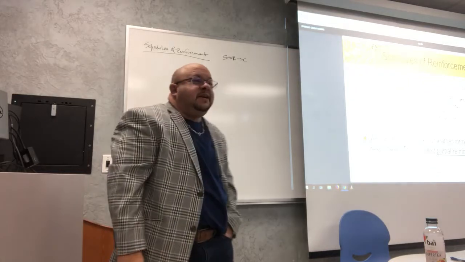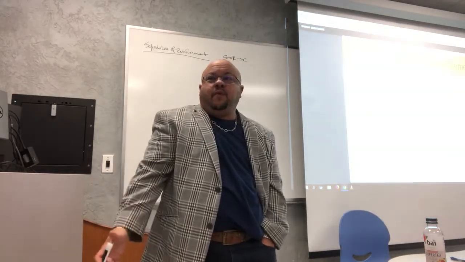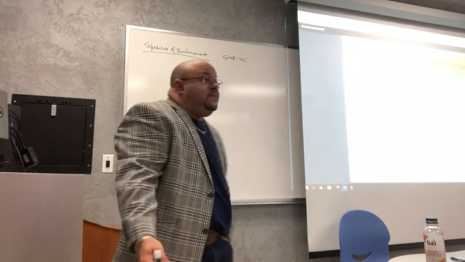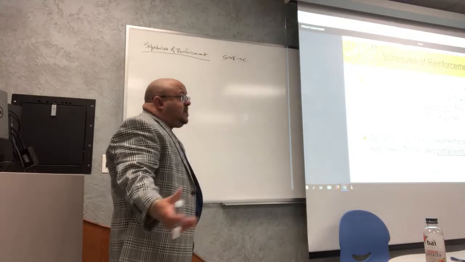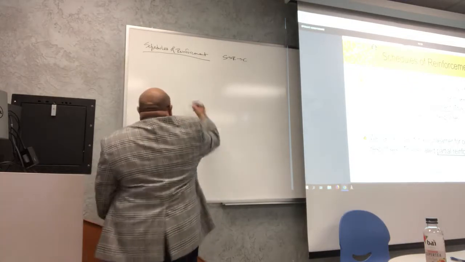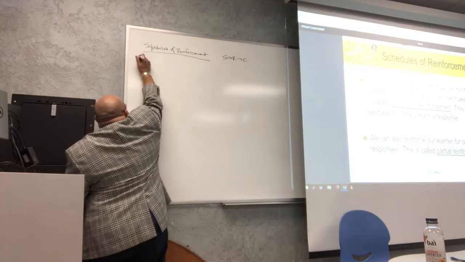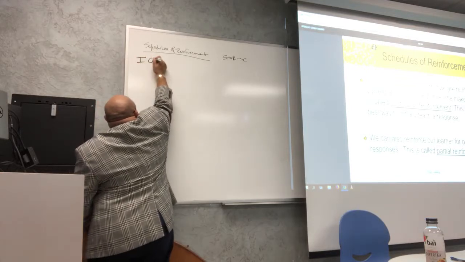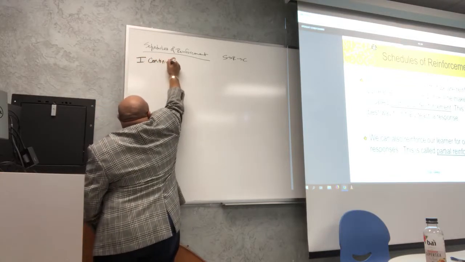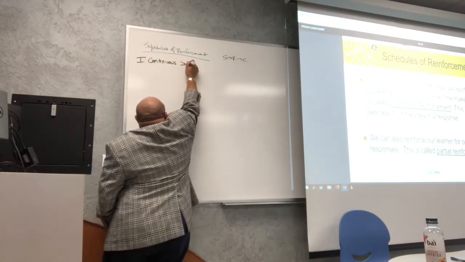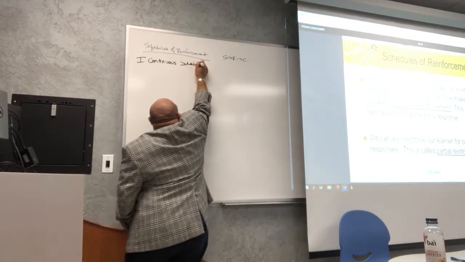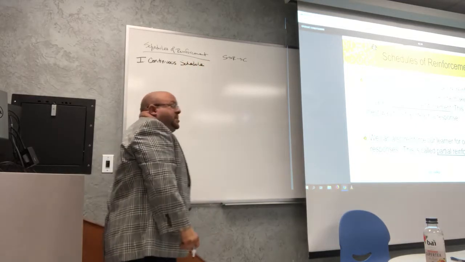And one way to reinforce our learner is to reinforce them every single time they make a response. So far, that's how we've been discussing it, right? So that kind of schedule is called a continuous schedule of reinforcement. A continuous schedule.